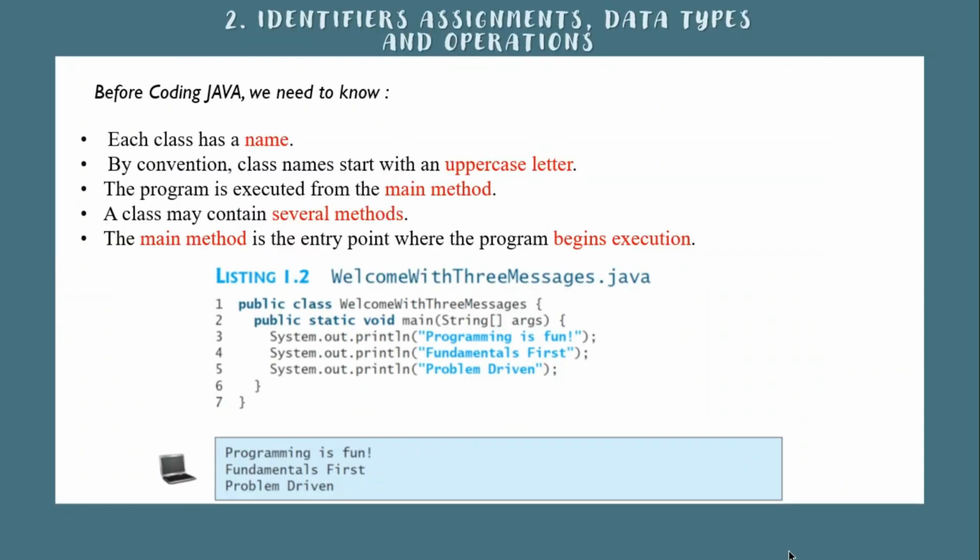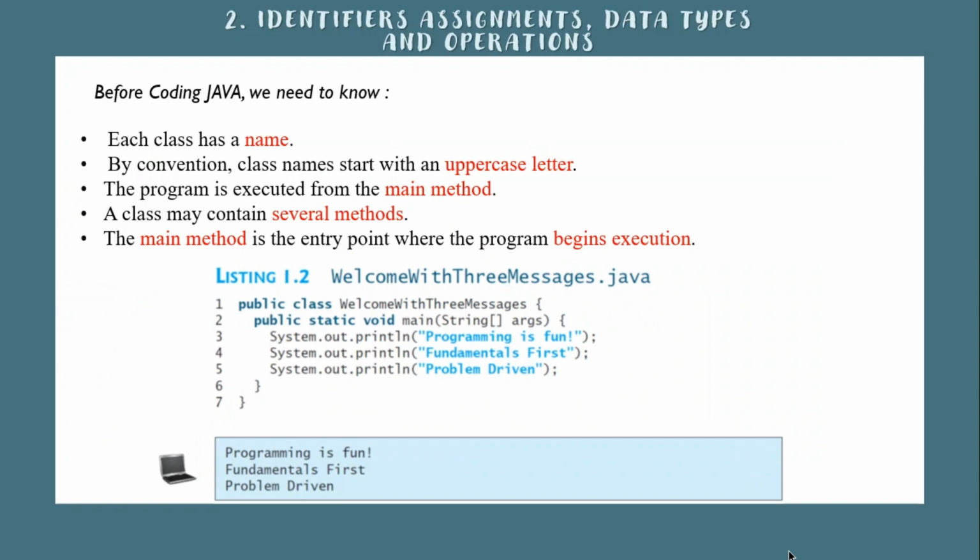Now let's start our next chapter, which is identifiers, assignments, data types, and operations. In this chapter, as we said, we will start our first Java code. But before coding in Java, we need to know some points. Each class has a name. This is an important thing. Each class in Java needs to have a name, and we also have the main class.